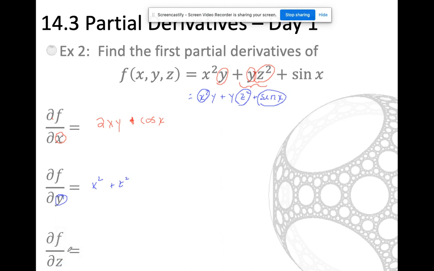Now let's take the partial with respect to z. Who's constant? X squared and y are constant. Sine x is a constant. What's the derivative of this whole constant? Nothing, honey.